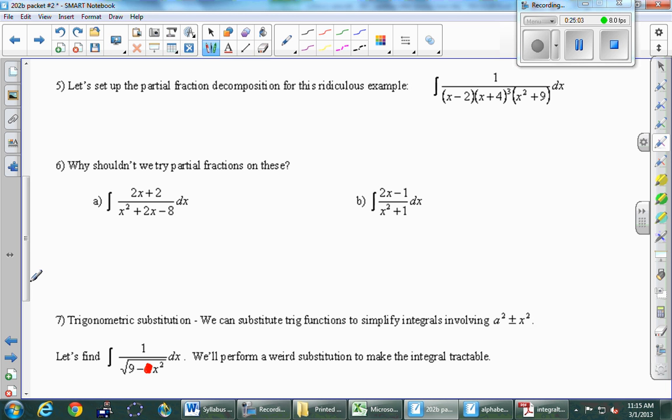So the first thing I see is x minus 2. What should I put in my partial fraction decomposition here? A over x minus 2. So that's easy, right? Plus. Then I have x plus 4 cubed. So to me, it feels like we have a b over x plus 4, and then a c over x plus 4, right?